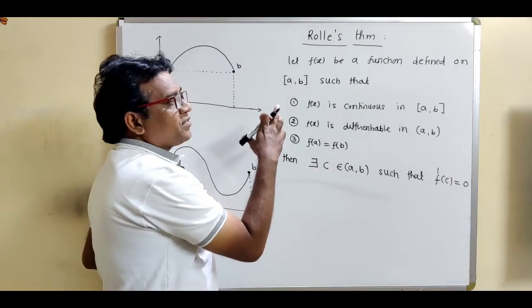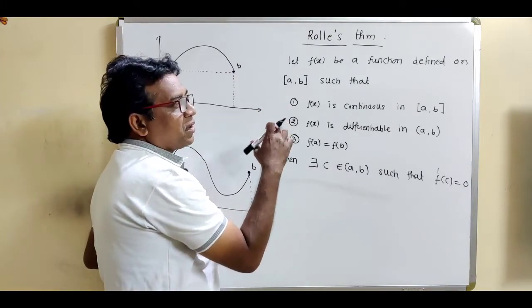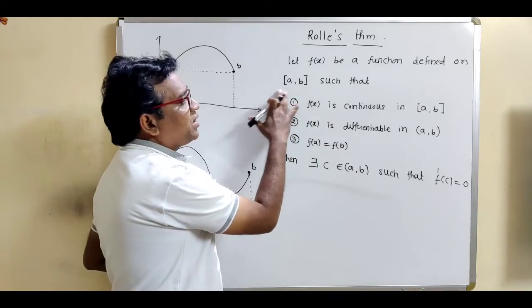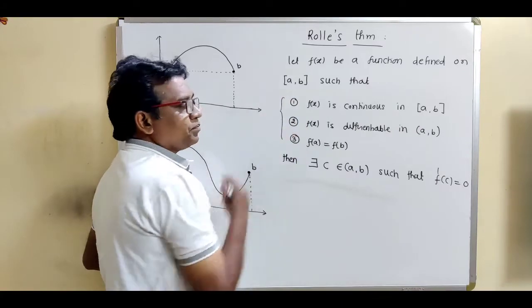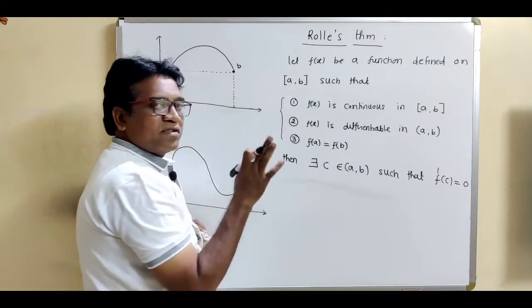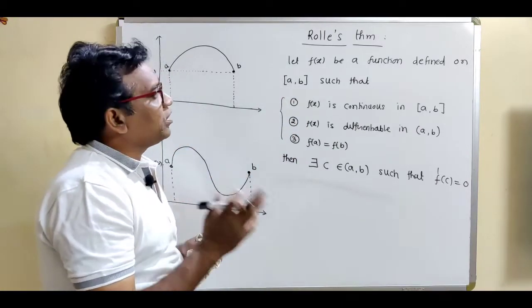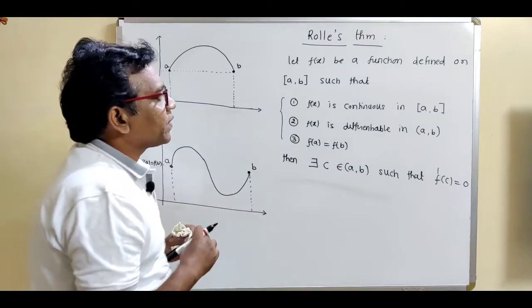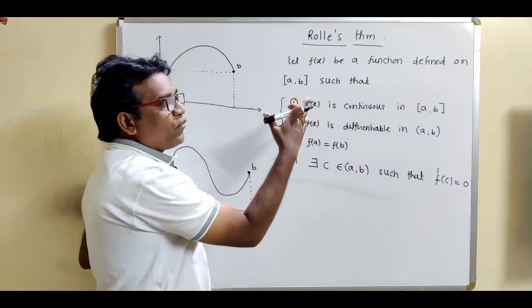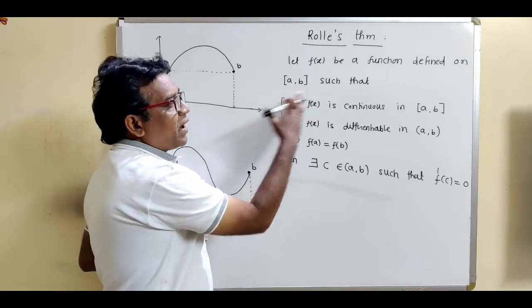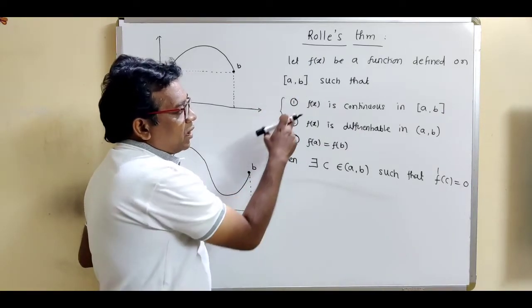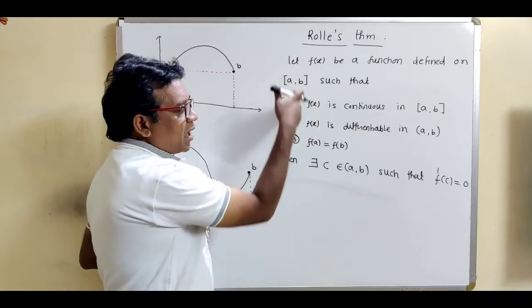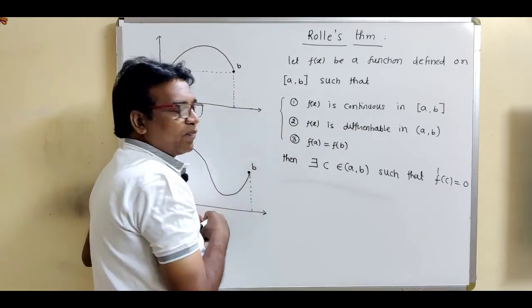Let f(x) be a function defined on closed interval [a, b] having these three conditions. If f(x) is a function defined on closed interval [a, b] such that this function f(x) has three conditions.